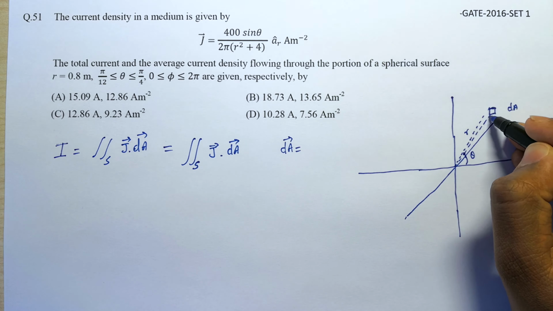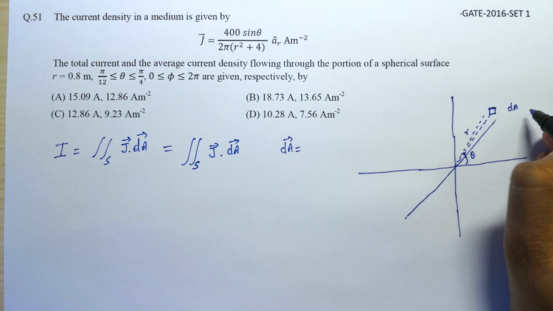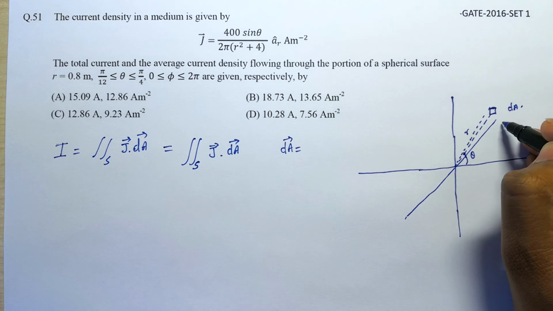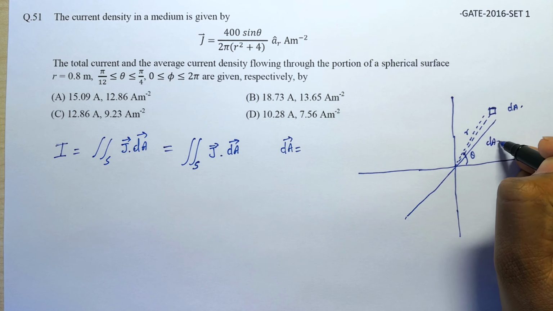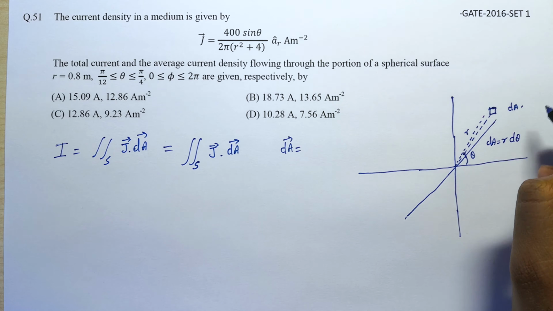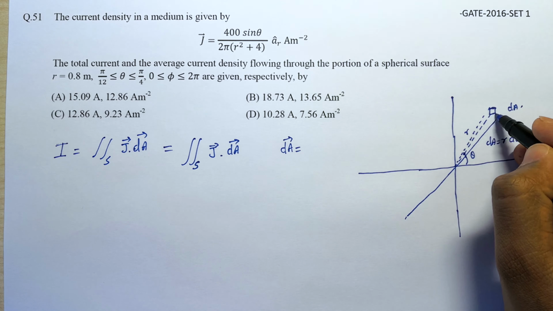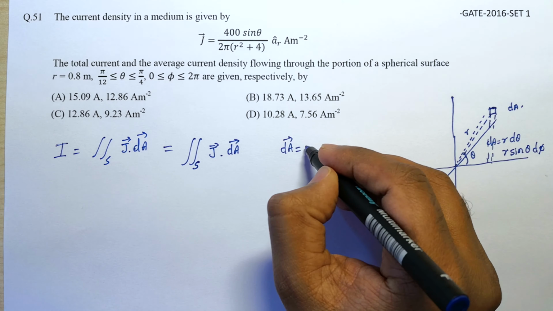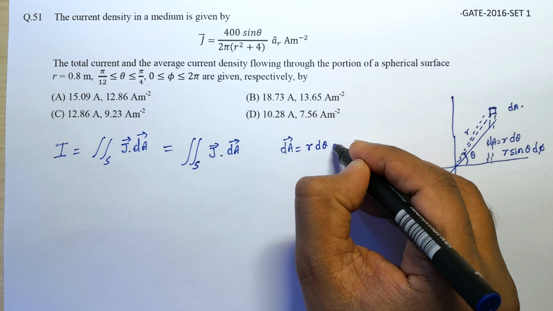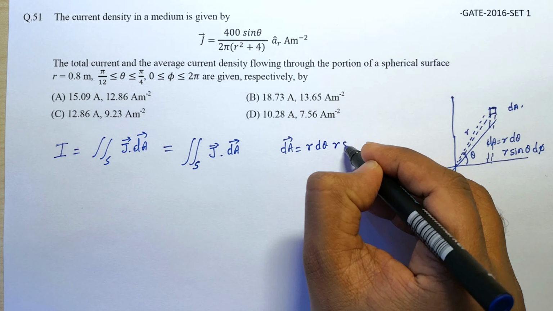So dA is equal to r d theta, and we have to find the width of this small incremental area. The width is given as r sin theta d phi. So the incremental area is r d theta times r sin theta d phi.